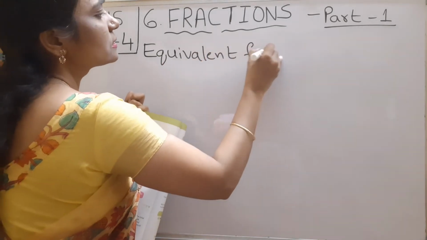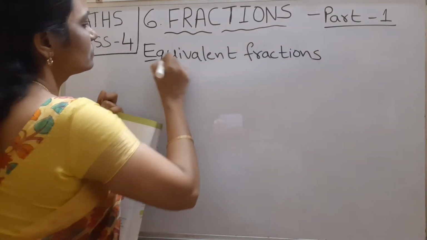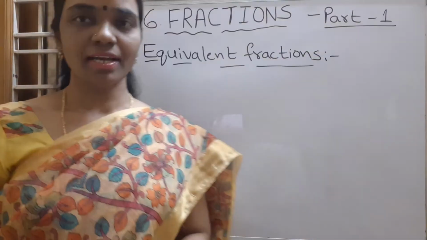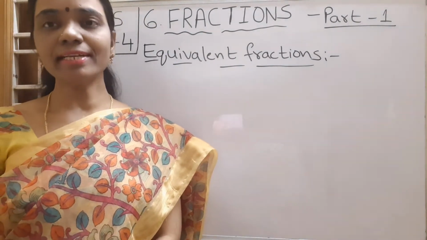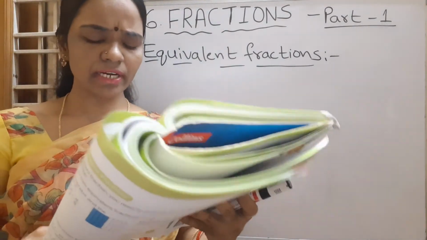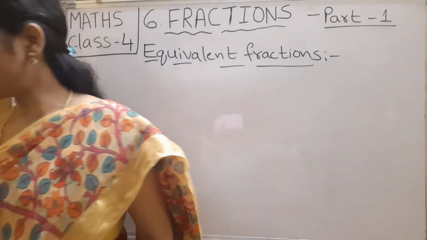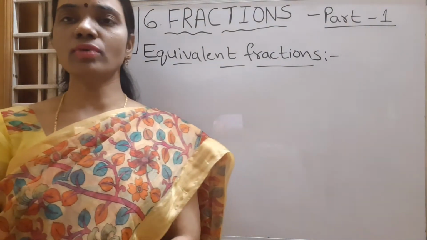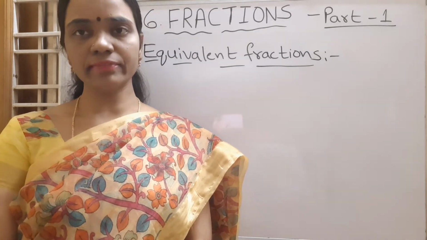Equivalent fractions are two or more fractions which have the same value. So the two or more fractions which have the same value are called equivalent fractions.